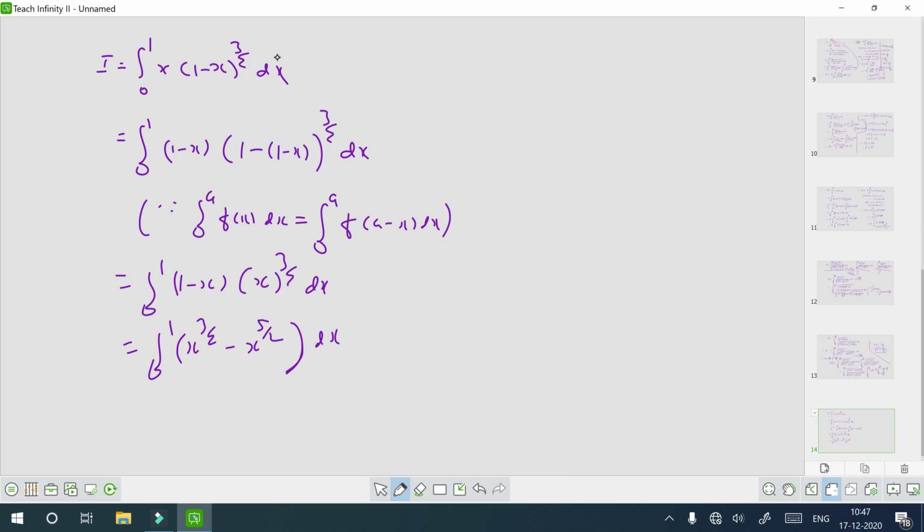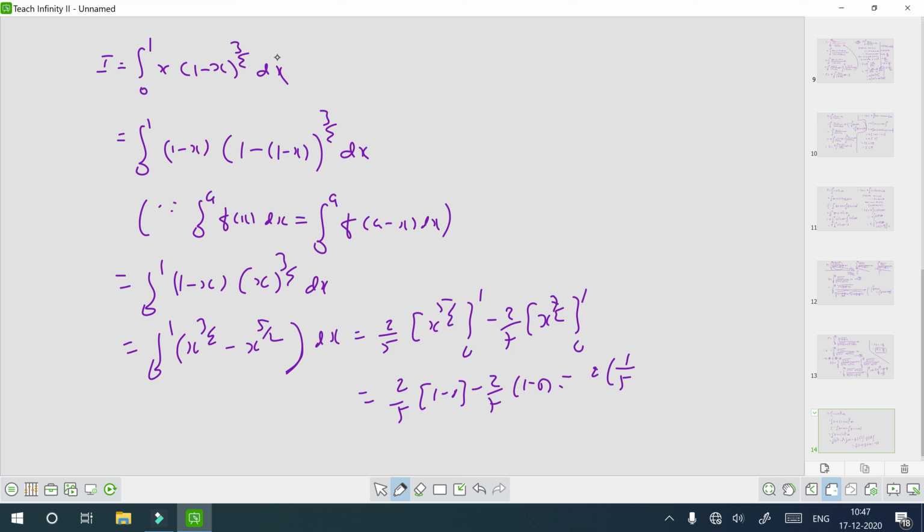Now integrating this gives 2 by 5 x raised to 5 by 2 minus 2 by 7 x raised to 7 by 2, from 0 to 1. That is 2 by 5 into (1 minus 0) minus 2 by 7 into (1 minus 0). Taking 2 common, 1 by 5 minus 1 by 7. So 2 into (7 minus 5) by 35, that is 2 into 2 over 35. That comes out to 4 by 35 is the answer.